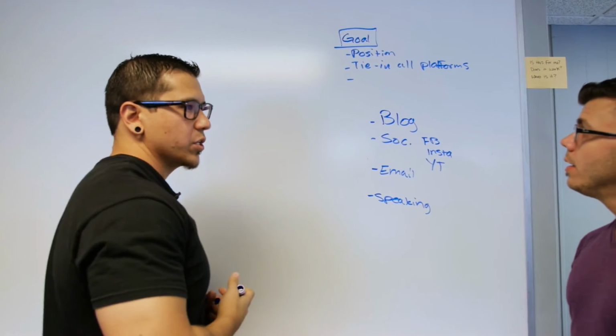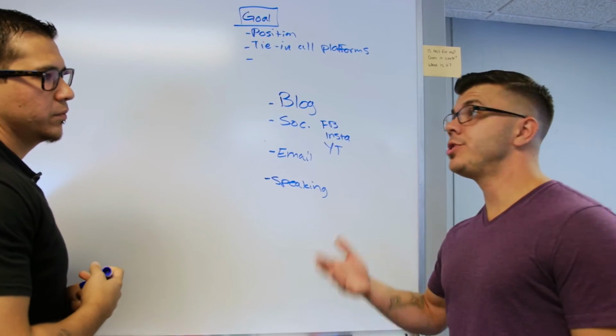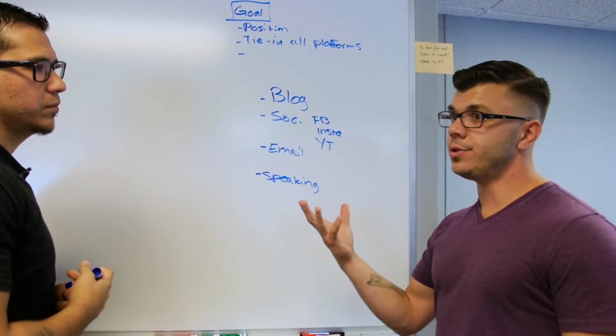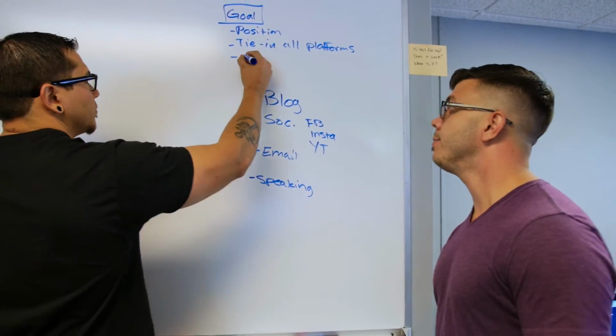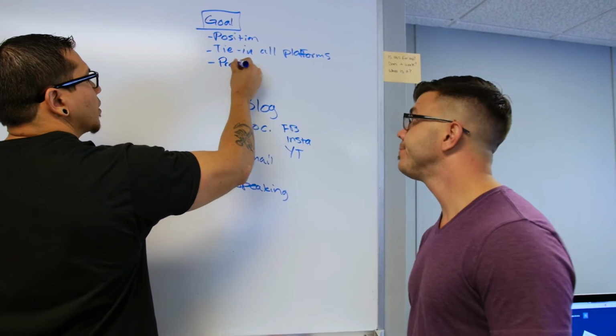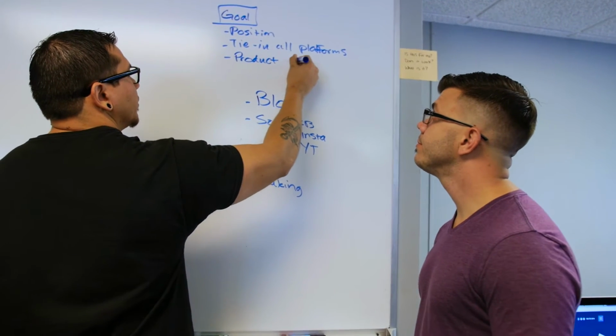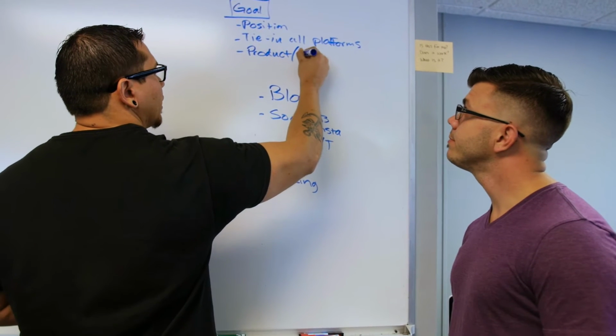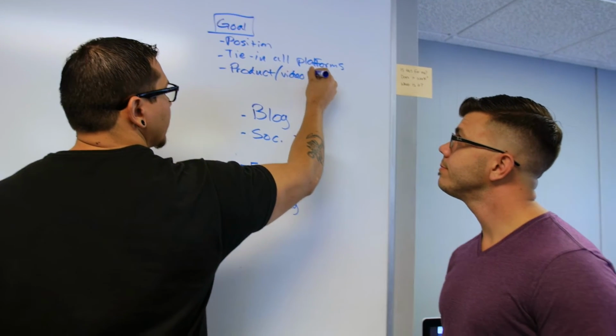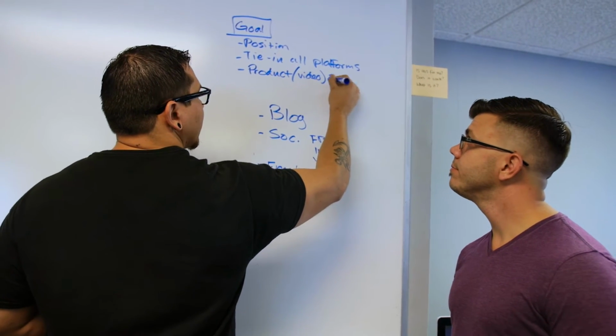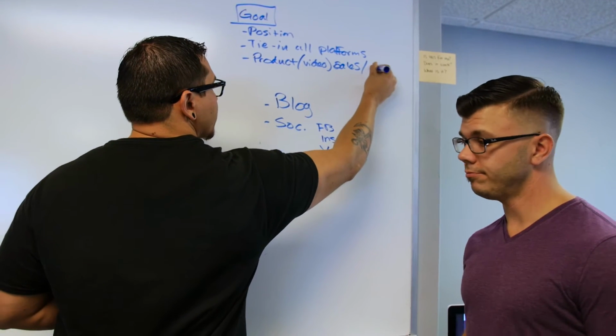What else were some of the goals that you wanted to do? Well, I'm going to start packaging these messages into video courses, and I'd like to have a way to sell those. So product, and we'll just put this in parentheses, video sales slash distribution.